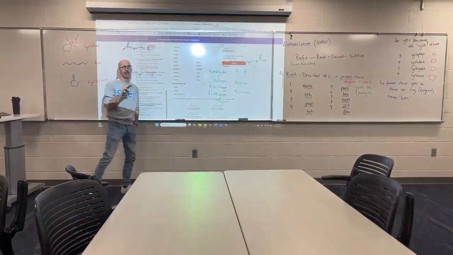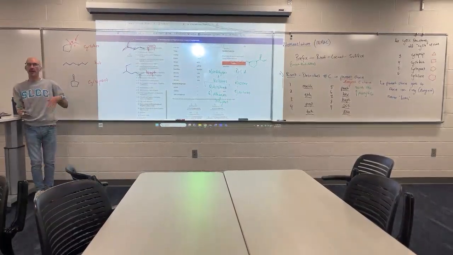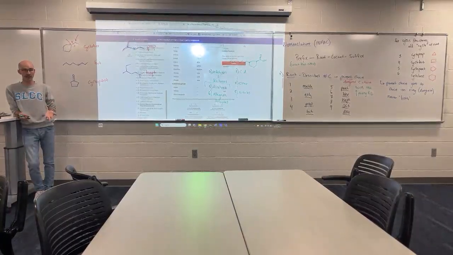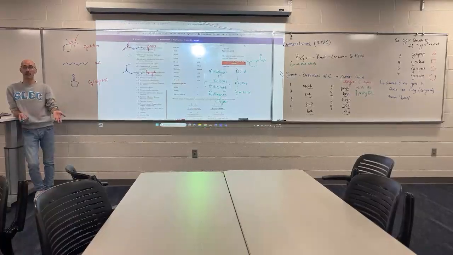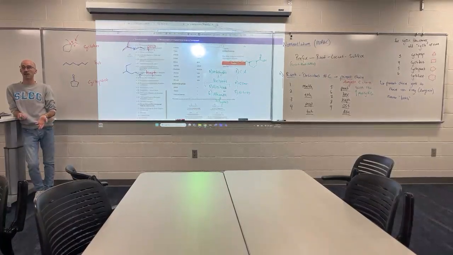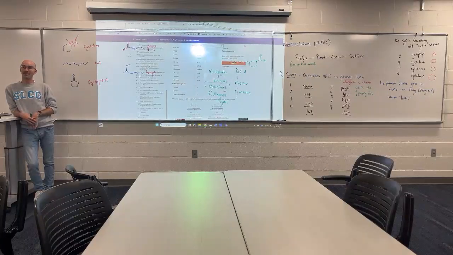These have the same priority as each other, but if they are both present, you actually prioritize them by whoever can get the first locant, the smallest locant. And if there's a molecule where they both have the same locant, you prioritize them alphabetically.